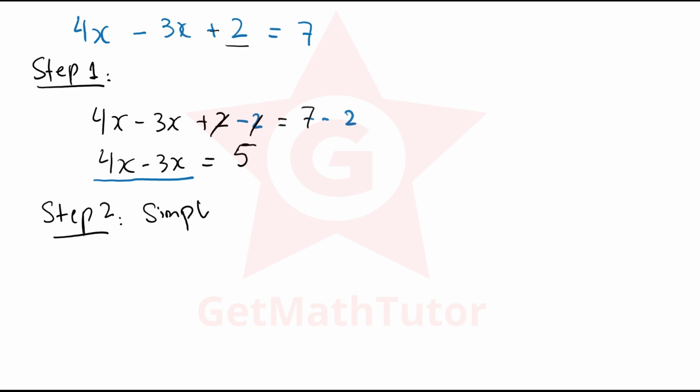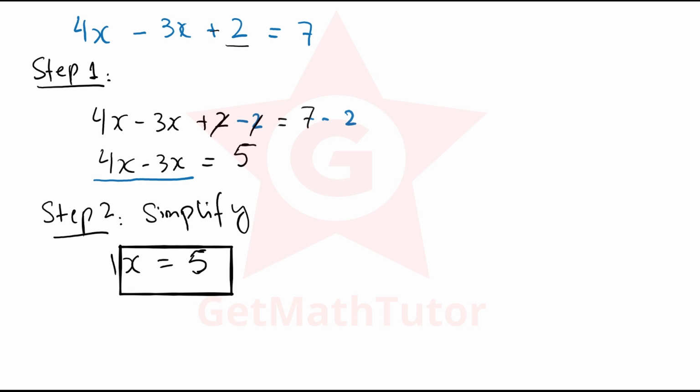You could have done this in the first step as well. So you could have simplified in the first step, but it's totally up to you how you want to do it. So if you take 3x away from 4x, you're left with x equals 5. Okay, and now because the coefficient of x is already 1, you don't have to worry about dividing both sides. So your answer is x equals 5.